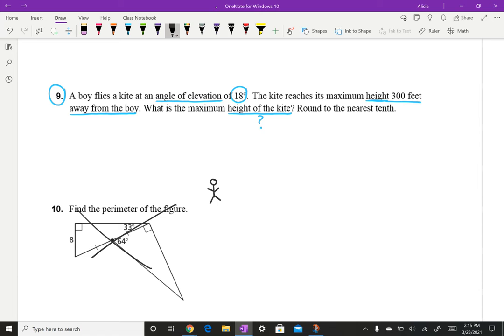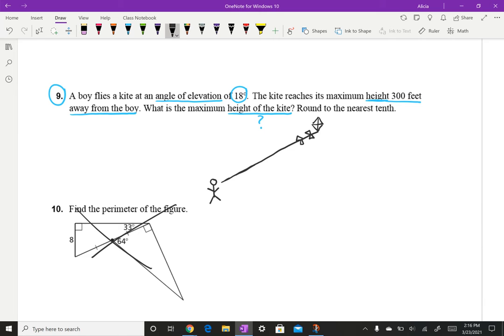There's a kite up here. So here's my kite. It's a pretty kite. Obviously, that's not really where my string is going to be going. This is going to be my string, like this. There it is. That's better. So there's my kite.